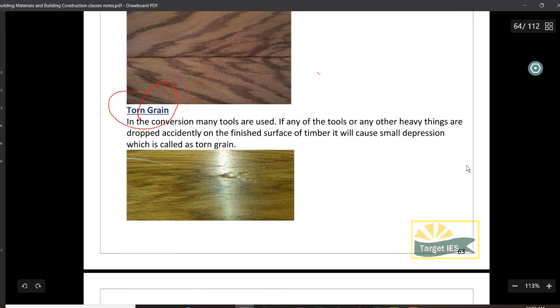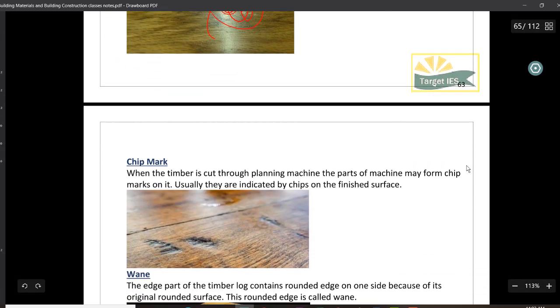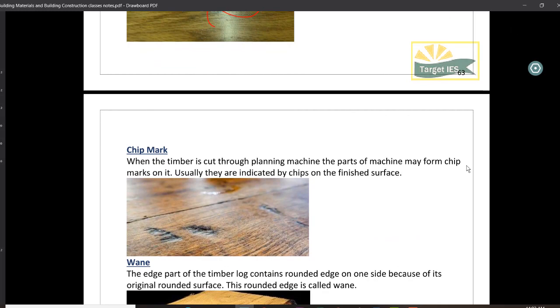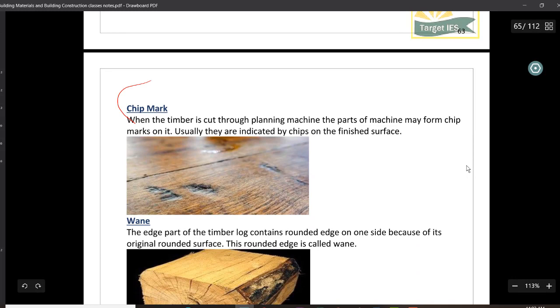Next is torn grains. If some hammer is dropped on the surface of wood, obviously marks will come here. We call it torn grains. Obviously it will impact the look of the timber, and the strength also gets slightly affected. Next is chip marks. Same thing. Whenever you are cutting it but not properly, you will see this a lot in carpenter shops.